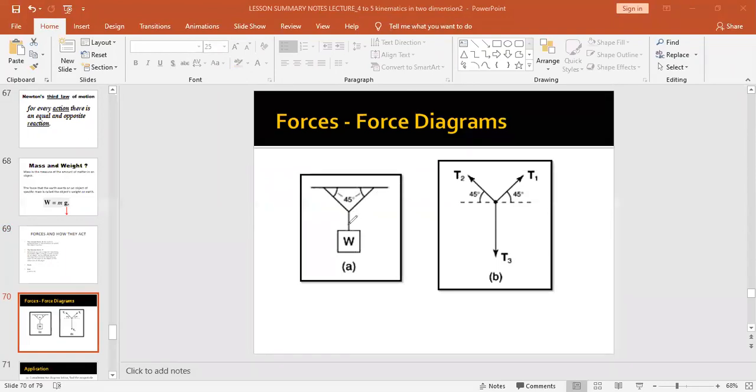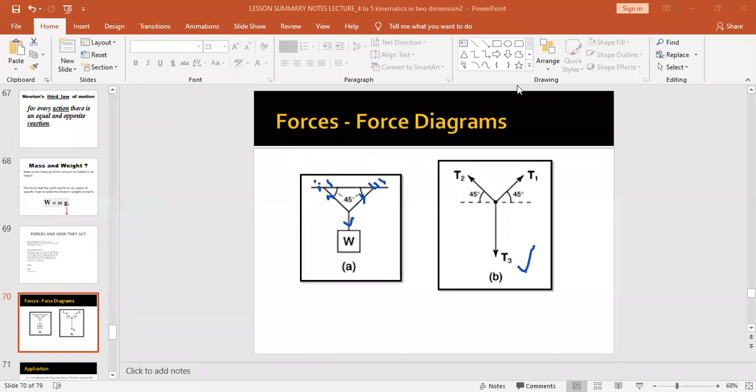This weight is causing a tension here, and then there is a tension here because this body is attached up here, and there's also a tension generated on the other side of the rope. So the corresponding force diagram will be what? T1, T2, and then what? T3. Very good.